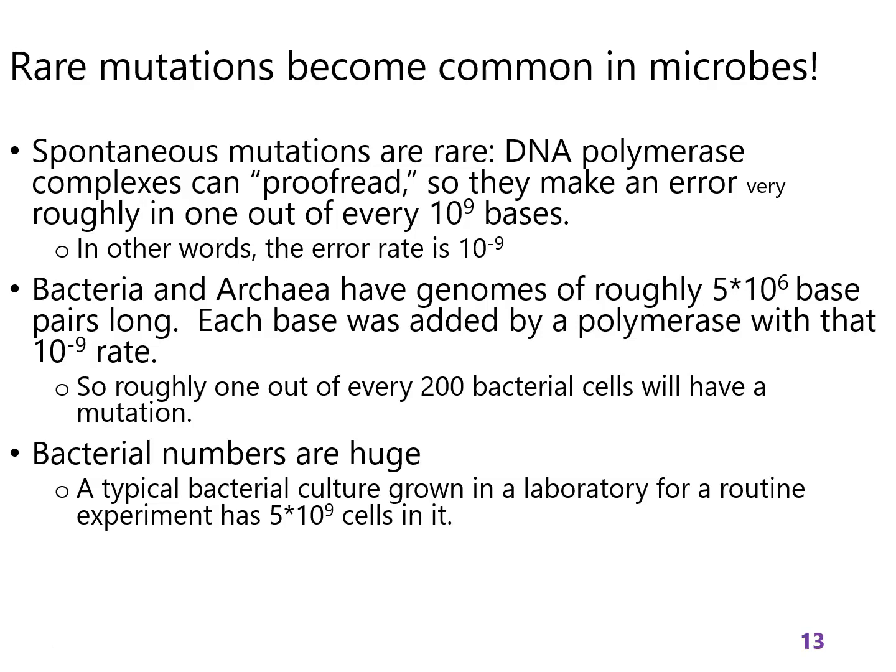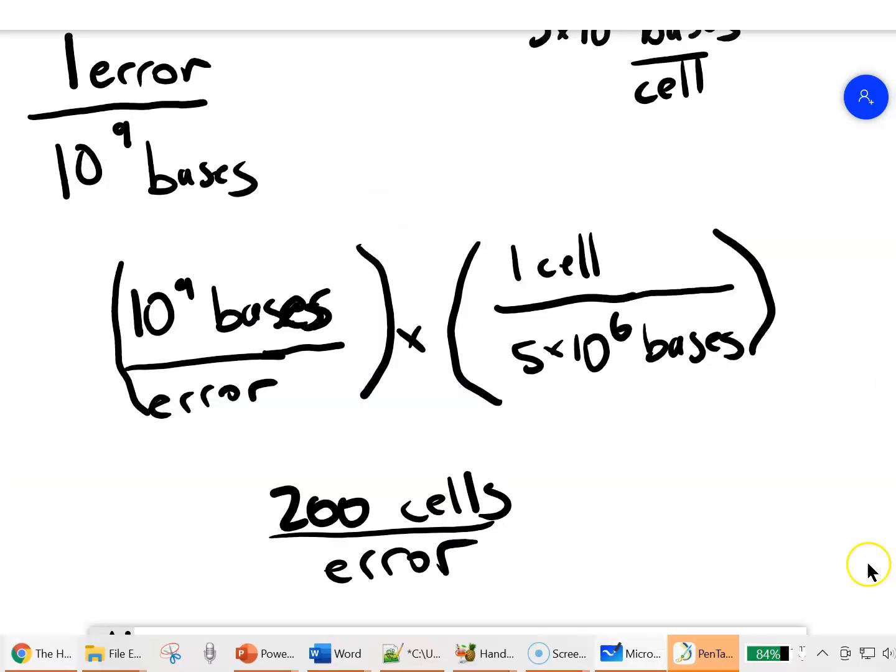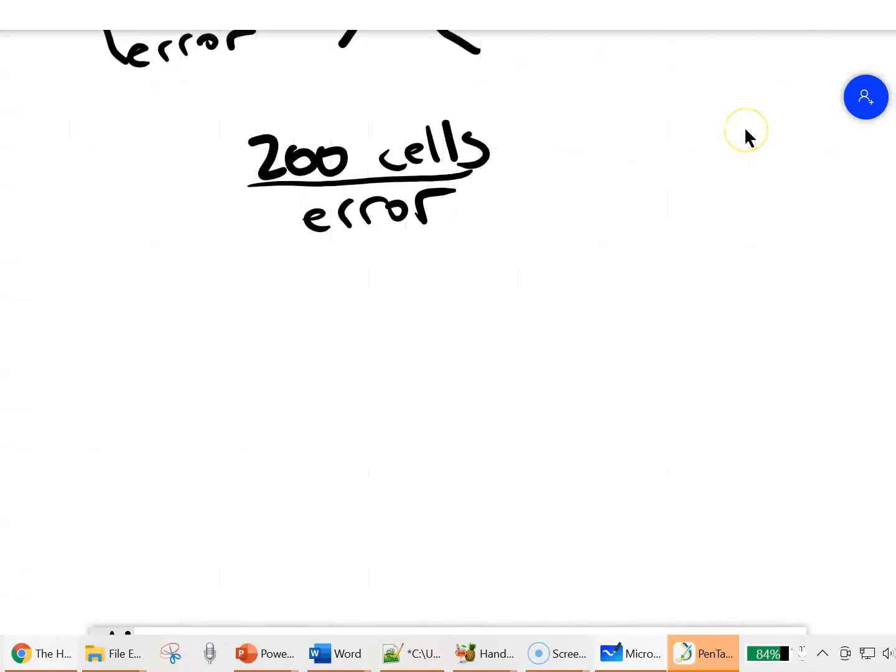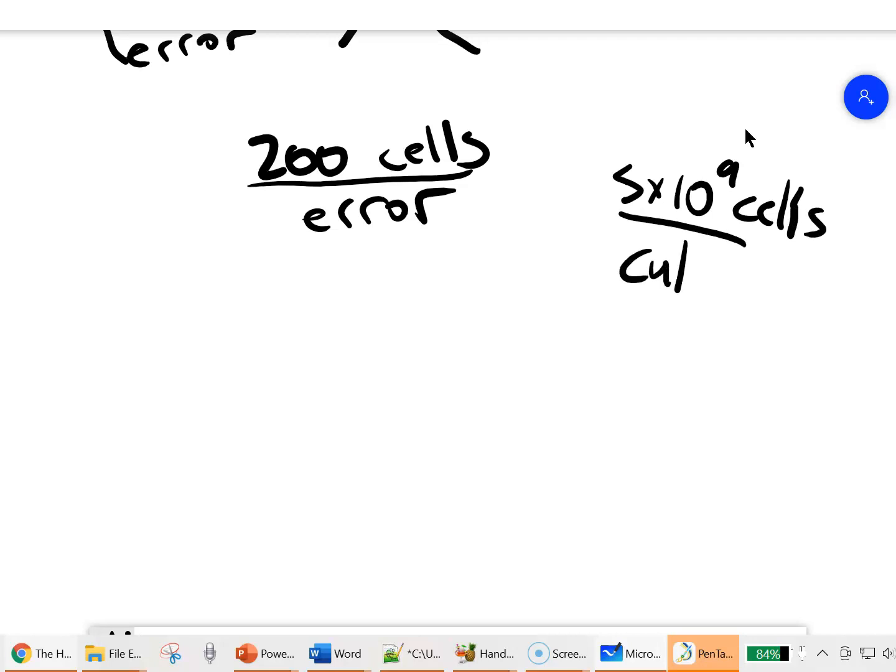And so we can go back and look at our math. We have 200 cells per error, and I have 5 times 10 to the 9th cells per culture. So what I can do is multiply.